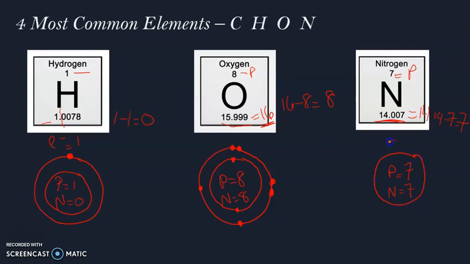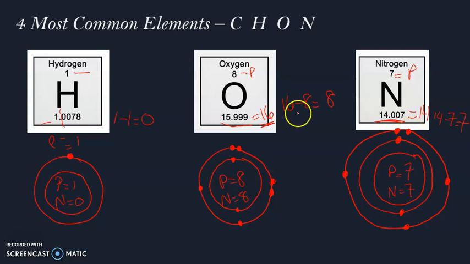There's my nucleus, my inner shell, 1, 2. My next shell, I drew this a lot taller, huh? So 1, 2 electrons, 3, 4, 5, 6, and 7 electrons.